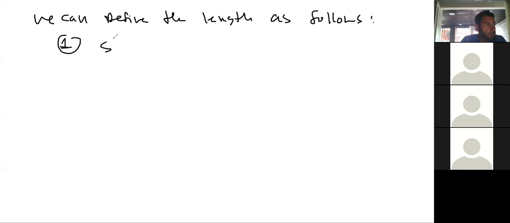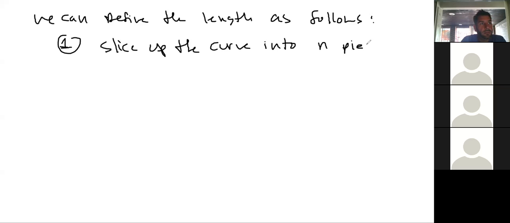Part 1, slice up the curve into n pieces, just like we did before. Then once we slice those pieces of the curve, let's give them names. We'll call them S sub 1, S sub 2, S sub n.